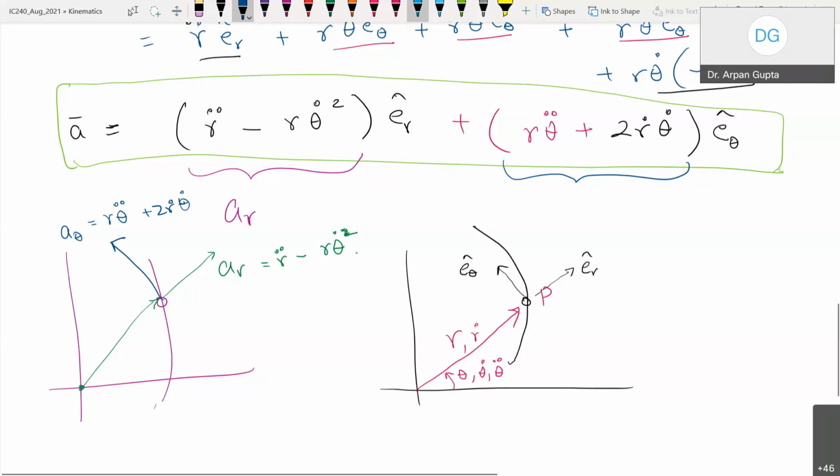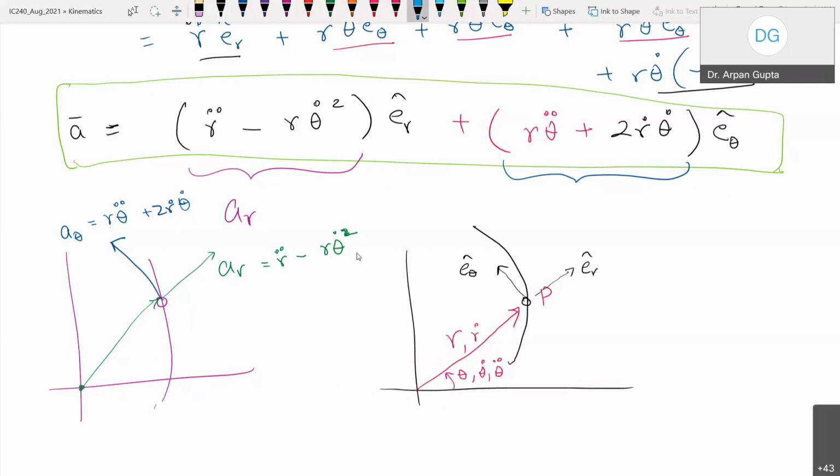Now this r theta double dot is like your alpha r, right? So if this is rotating with an angular velocity theta dot and an angular acceleration theta double dot, then this is your tangential component of acceleration that you have seen before, alpha r, right?